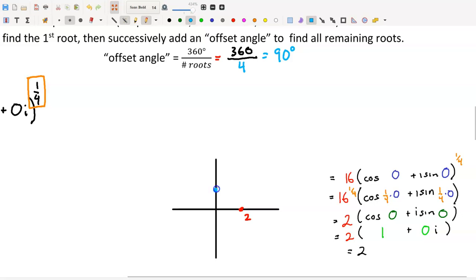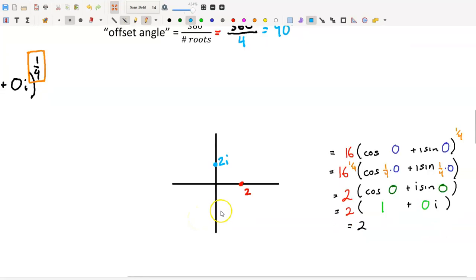What is this solution? What would that be? On the complex plane, though. 2i. Alright, we're on the complex plane. And if I did another 90 degrees, what would I have over here? -2, which we already kind of knew.